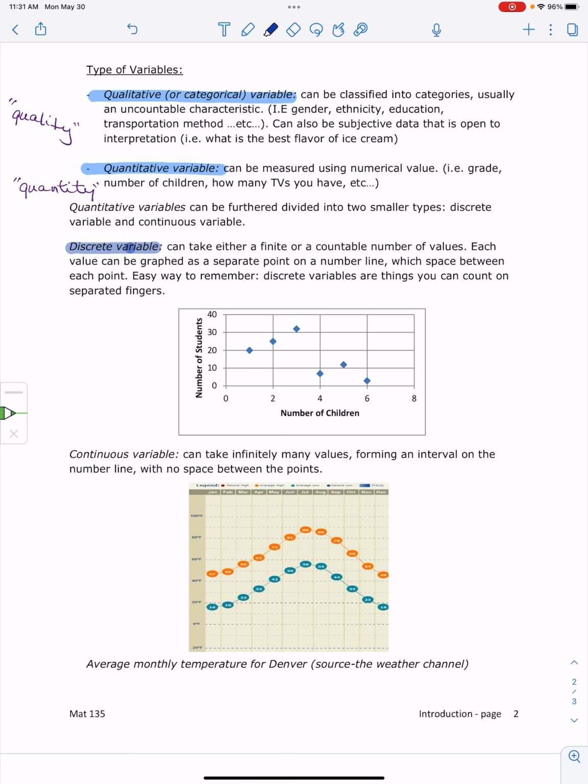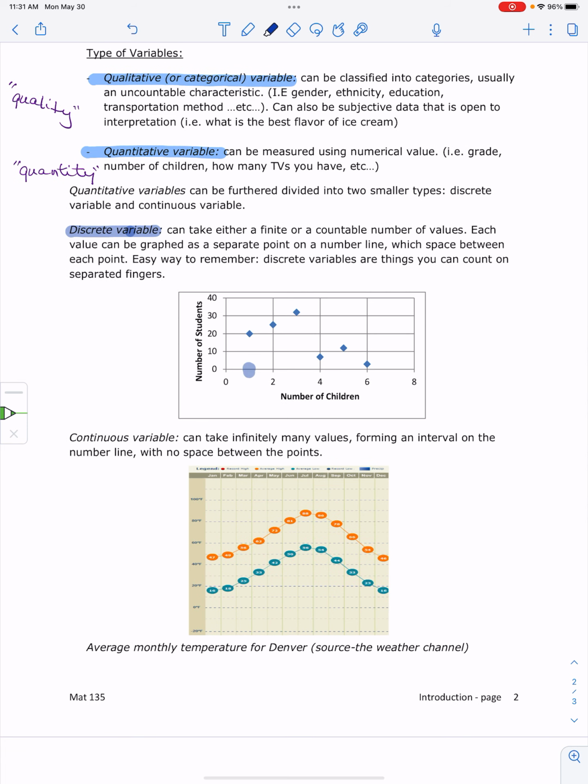If we are counting children, we've got whole number values, 0, 1, 2, 3, 4. Notice even if it's not marked in here, we know that halfway between 0 and 2 are the number of students that have one child. This point right here means that 20 students have one child.